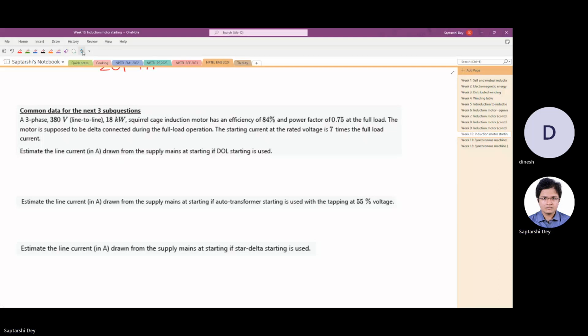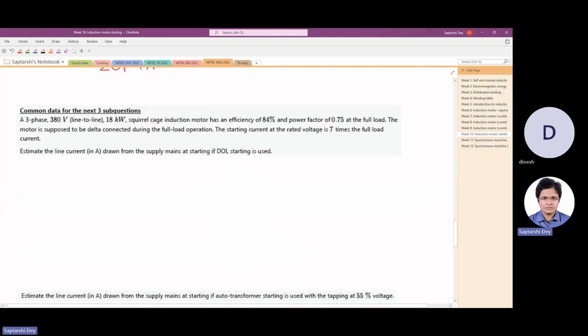Now this is straightforward. We have to first find out the rated current. 18 kilowatt output by 0.84 gives the input, which is root 3 VL I full load times cos phi.